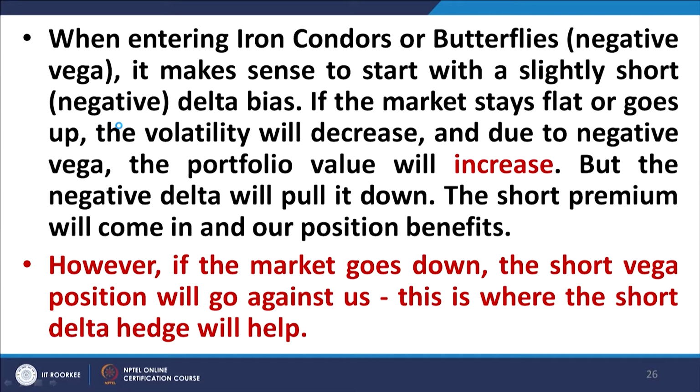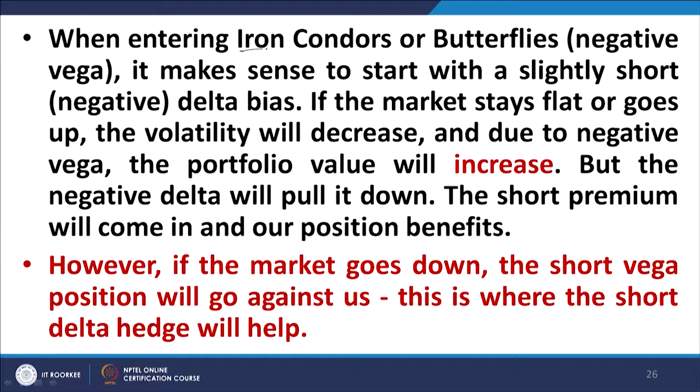However, what will happen due to the short delta? When there is an increase in the price, the short delta will reduce the value of the portfolio. So, there will be two opposing effects. One effect due to the negative Vega, and the other effect due to the short delta.